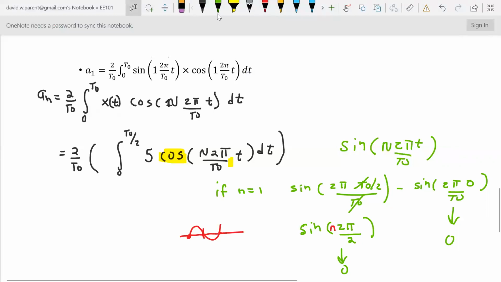If we recall, the Fourier transform is made up of cosines and sines. The cosine part, the A naught, is the DC part. But then the rest of them are cosines, and we had observed that it didn't really look like a cosine was there anyway.